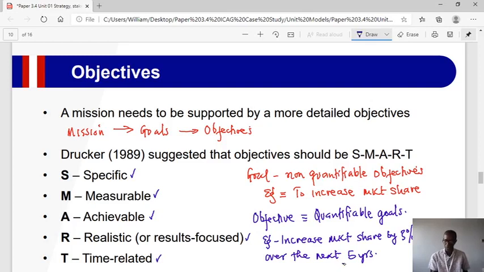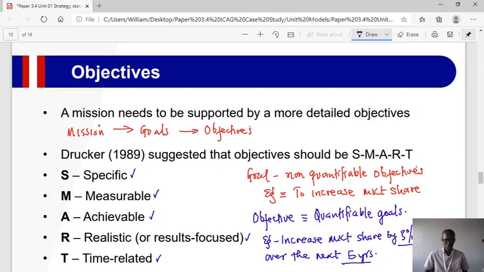You say it's 5 years and it says 3% per annum. So each year we can actually measure, see whether we have achieved what we set out for that particular time. And over the period of time, over the next 5 years, we know that this is what we are going through regarding our market share.